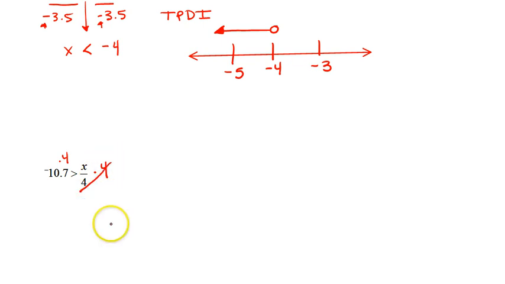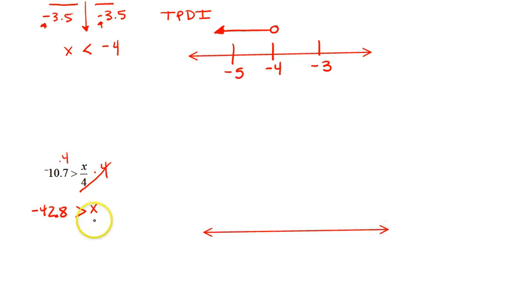Over here, 4's cancel out. I'm left with an x. 4 times negative 10.7 gives me negative 42.8.